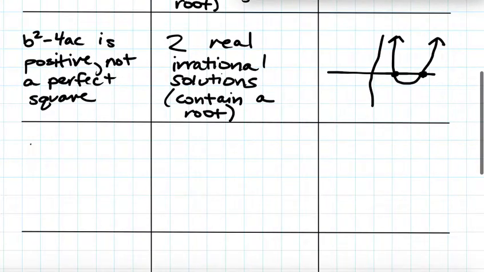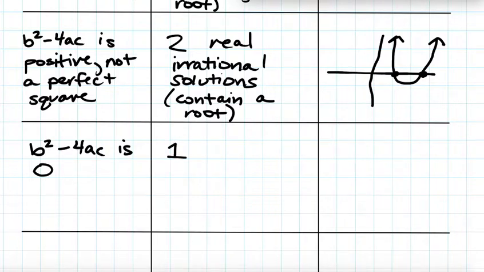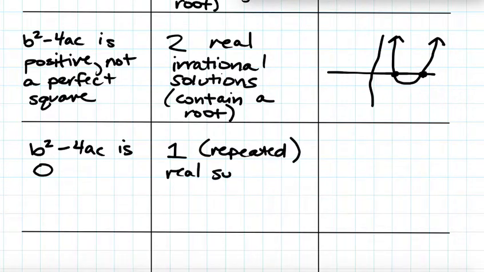Third possibility is that b squared minus 4ac could equal 0. And if that's the case, then you're going to have 1 repeated real rational solution.